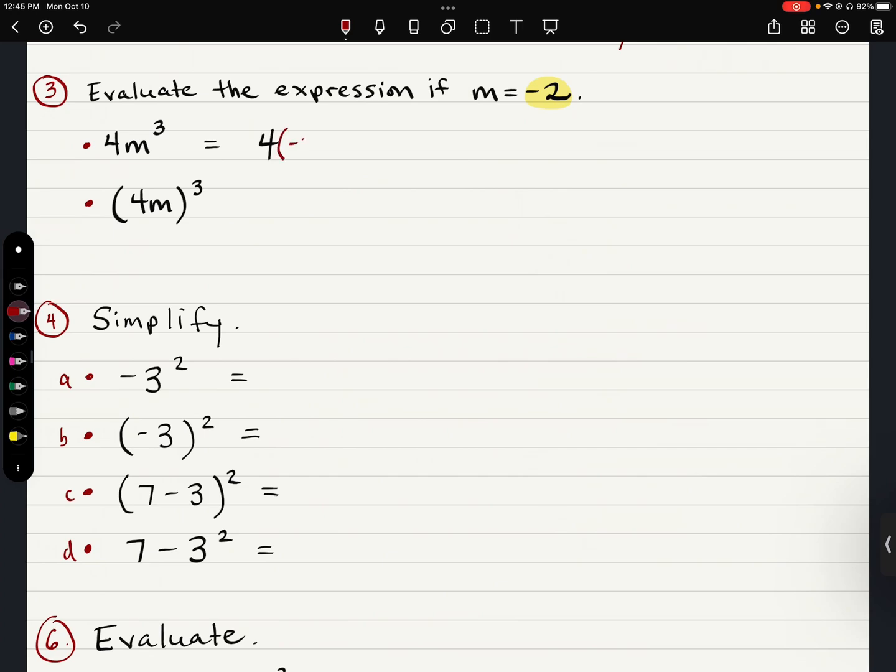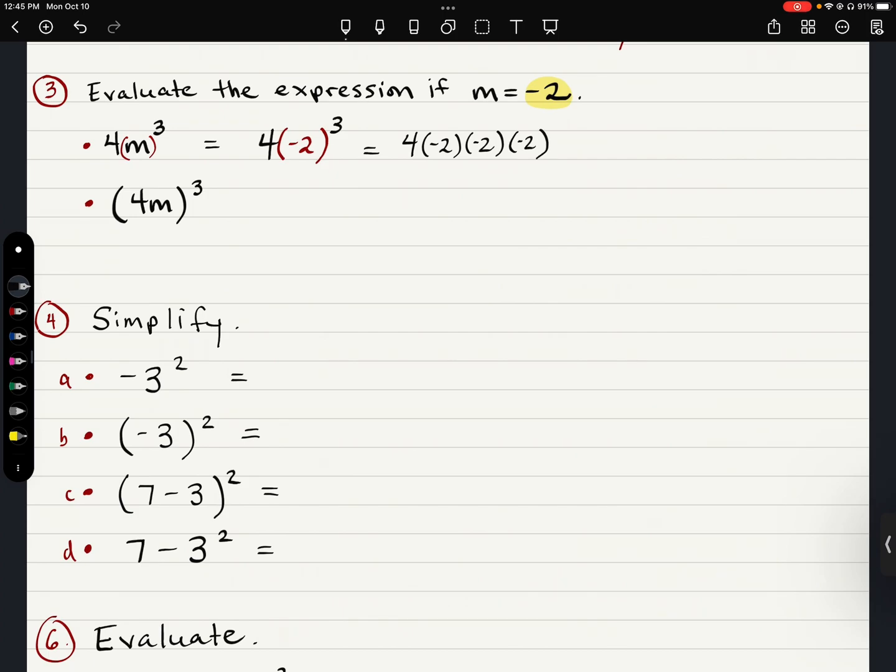And when I put that -2 in, I want to make sure I put it in parentheses. So this m that we have right here is being replaced by that -2. And then we still have this exponent out here. So this exponent, this 3, is on the -2. It is not on the 4. This is the same thing as saying 4 times -2 times -2 times -2.